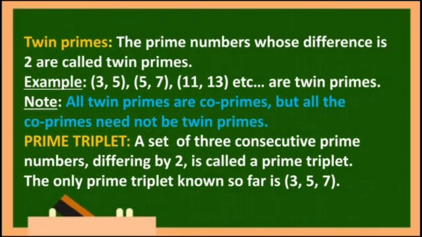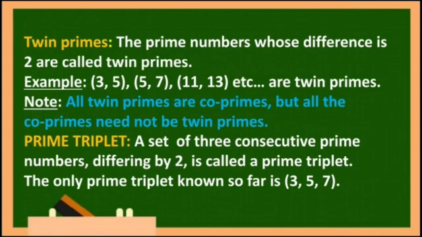Let's see what are twin primes. The prime numbers whose difference is 2 are called twin primes. For example, 3 and 5 are the prime numbers whose difference is 2. 5 minus 3 is equal to 2. So, we say that 3 and 5 are twin primes.